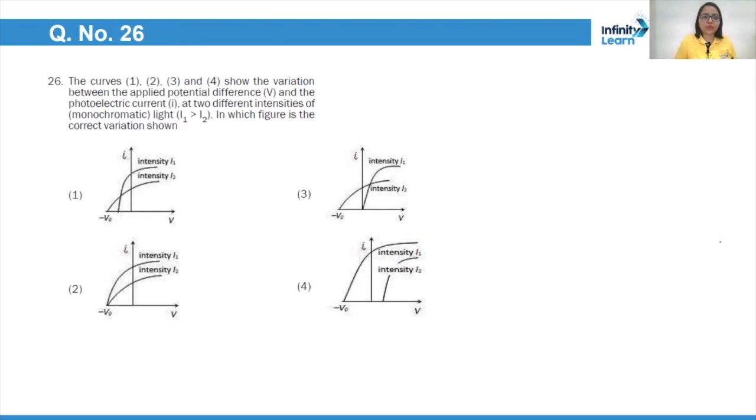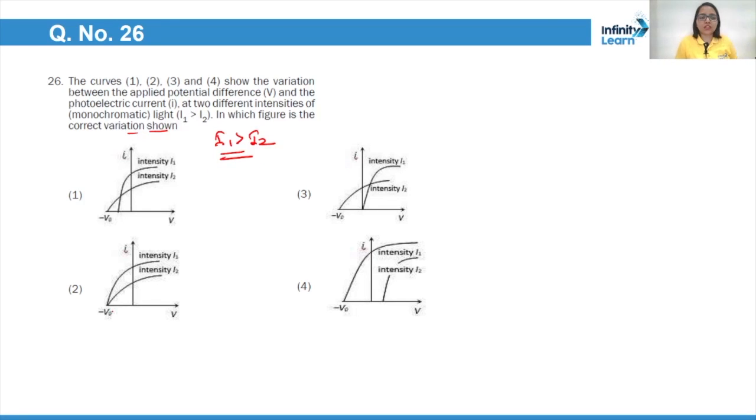Next is question number 26. The curves 1, 2, 3 and 4 show the variation between the applied potential and the photoelectric current at two different intensities of light, I1 greater than I2. In which figure is the correct variation shown? So, stopping potential V naught over here is independent of intensity.